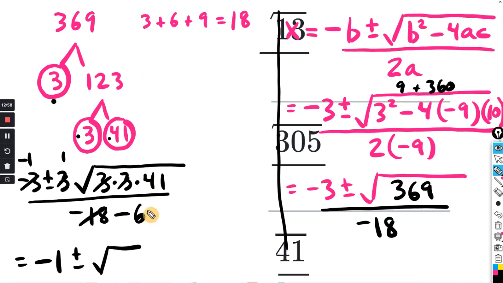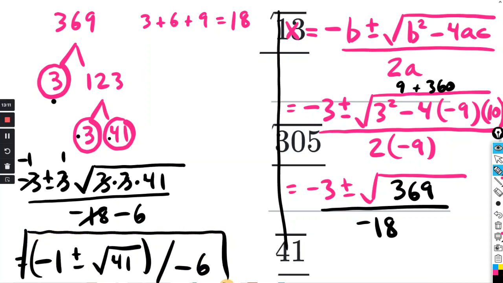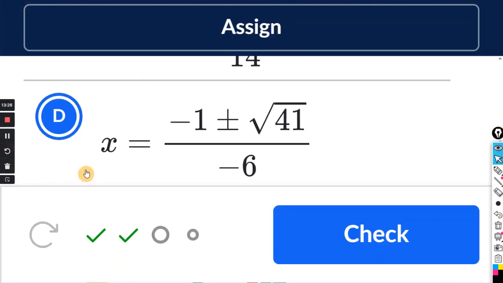And that's going to be radical 41. And that whole thing is divided by negative 6. That right there is your final answer. Okay, I know that to be true because you can't reduce this anymore. So negative 1 plus minus radical 41 over negative 6. And that is answer D.